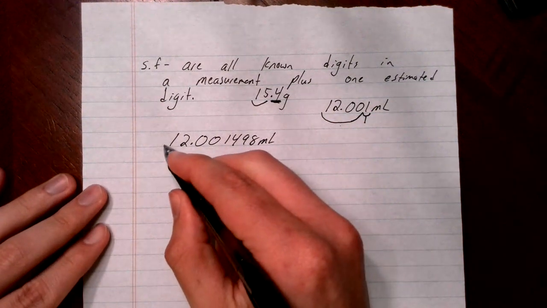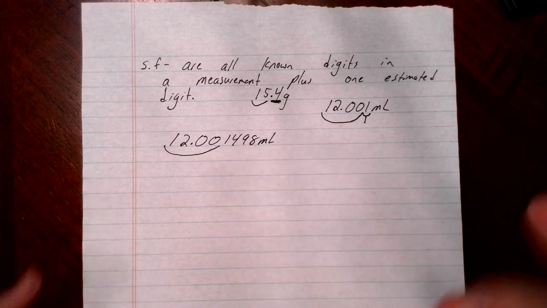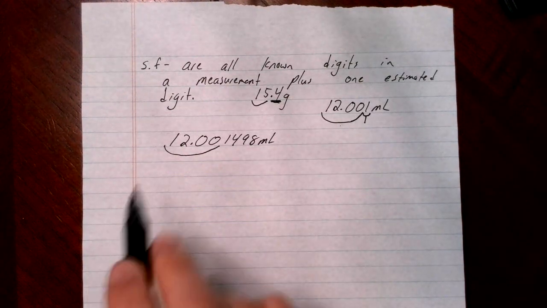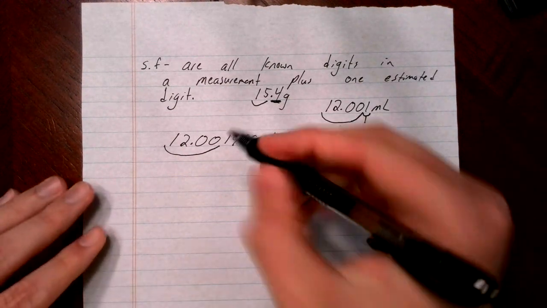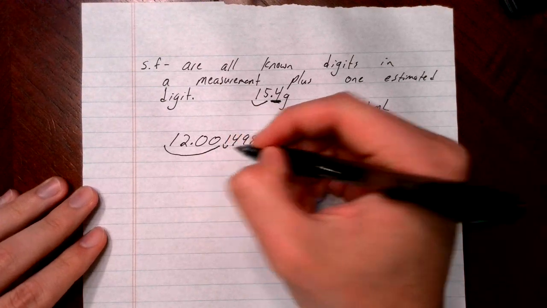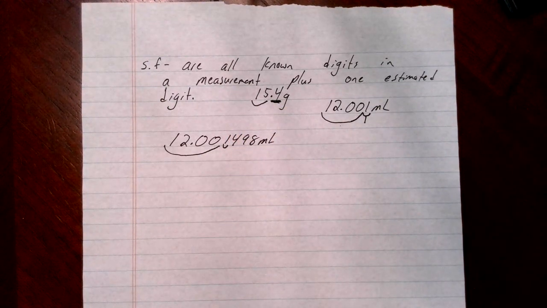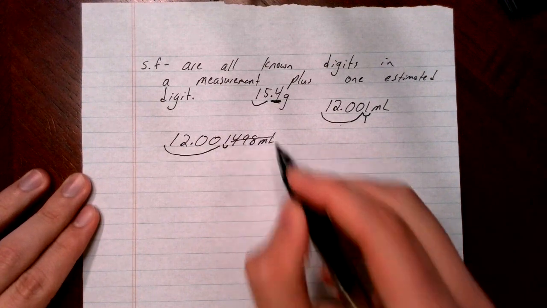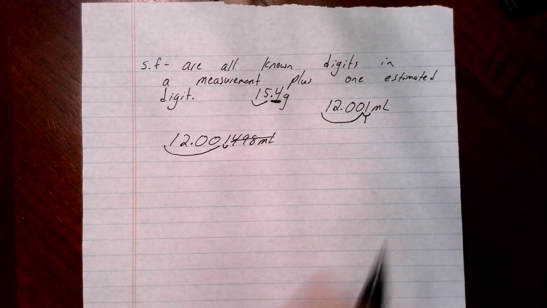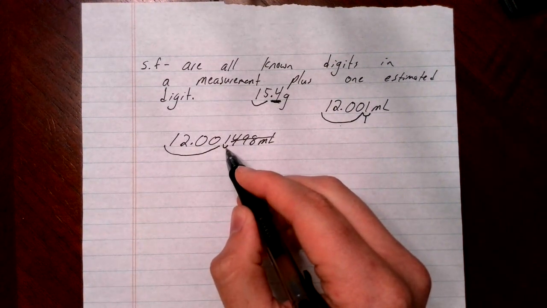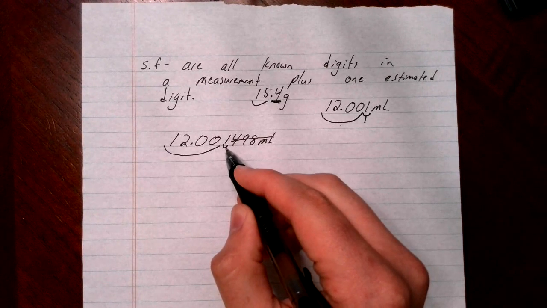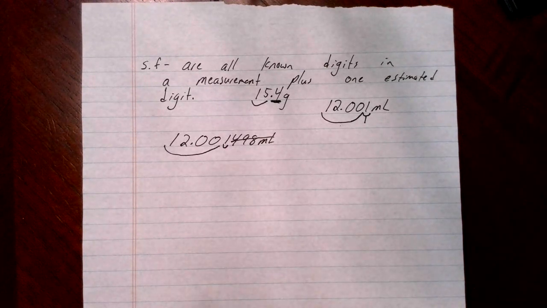I knew with pretty good certainty that this part was accurate, the 12.00, and then I estimate that number right there. At that point, we leave off these numbers, because if we're estimating this place right here, why would we go and estimate another place?